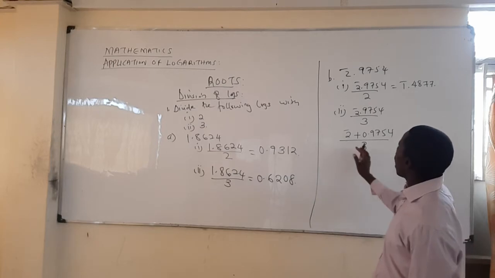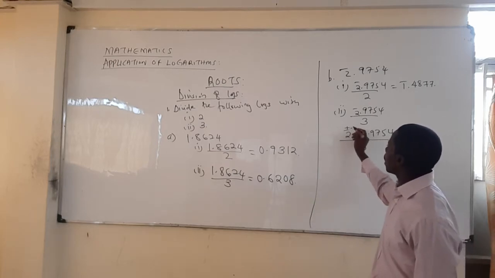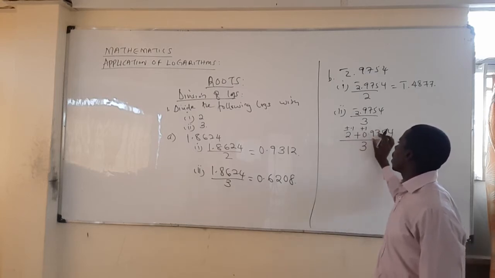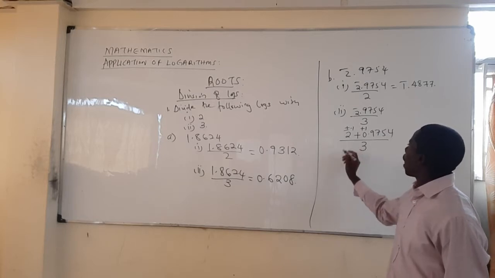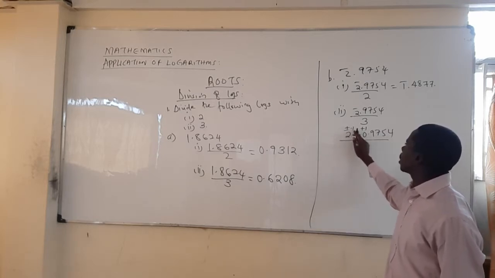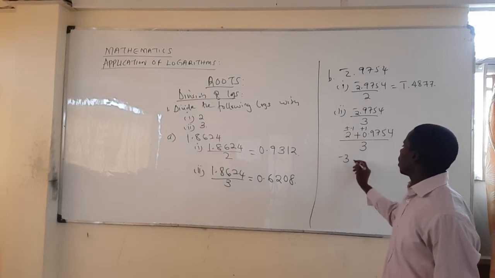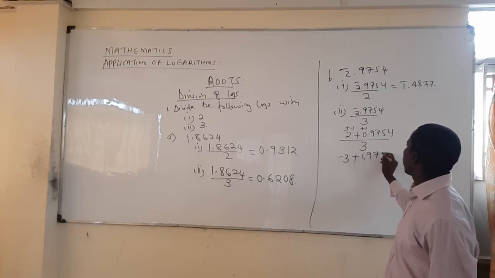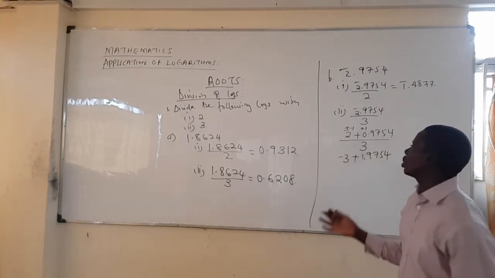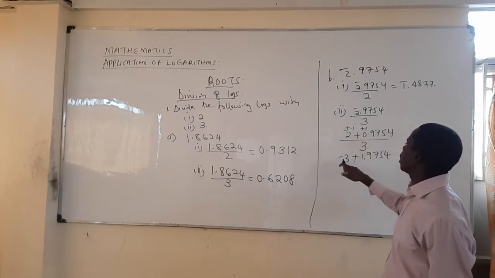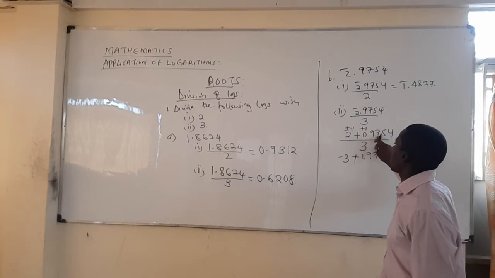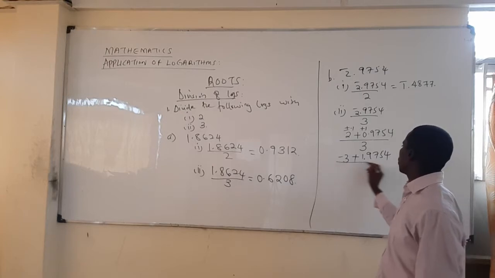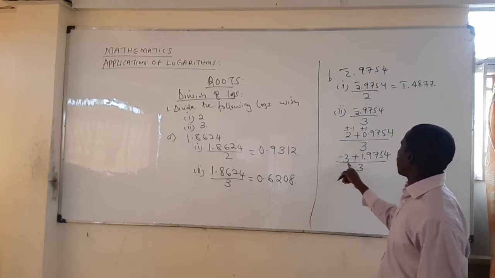So what do we do? We add minus 1, and so that we don't change the equation, we add plus 1 on the other side. So that you can have bar 2 plus minus 1, you get bar 3, plus 1.9754. At the end of the day, we have not changed the question because we have added minus 1 here and plus 1 on the other side. This one we are dividing by 3. Now we are able to divide.